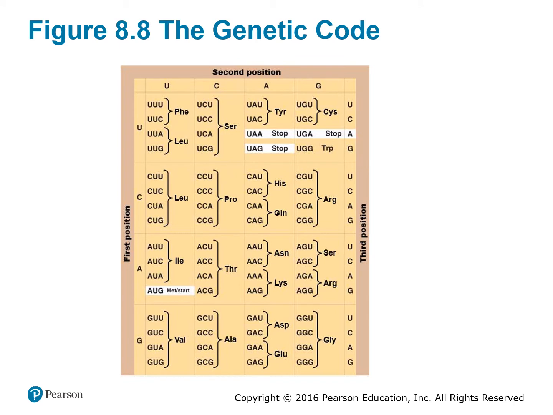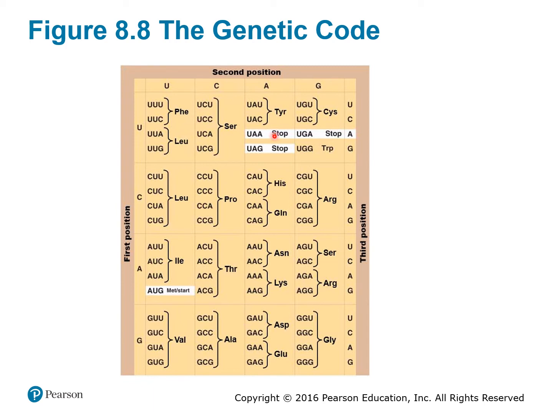So as I said, the messenger RNA is read 3 letters at a time, and those 3 letters, or 3 bases, are known as codons. So if your messenger RNA reads U, then the amino acid that it codes for is phenylalanine.